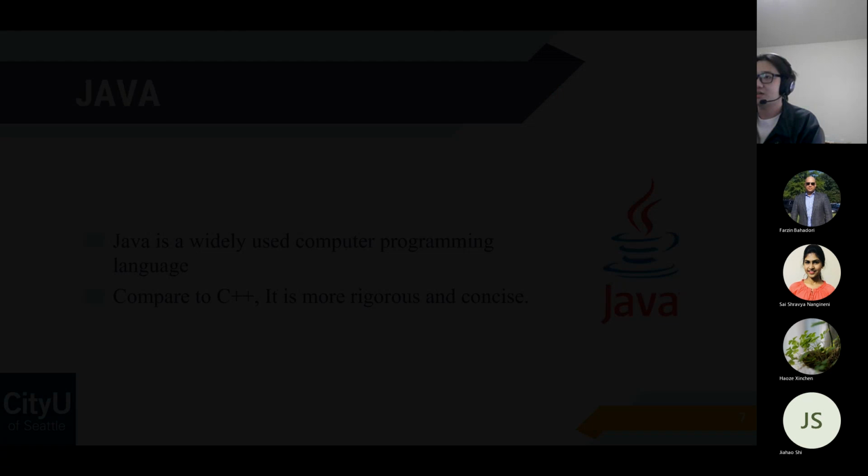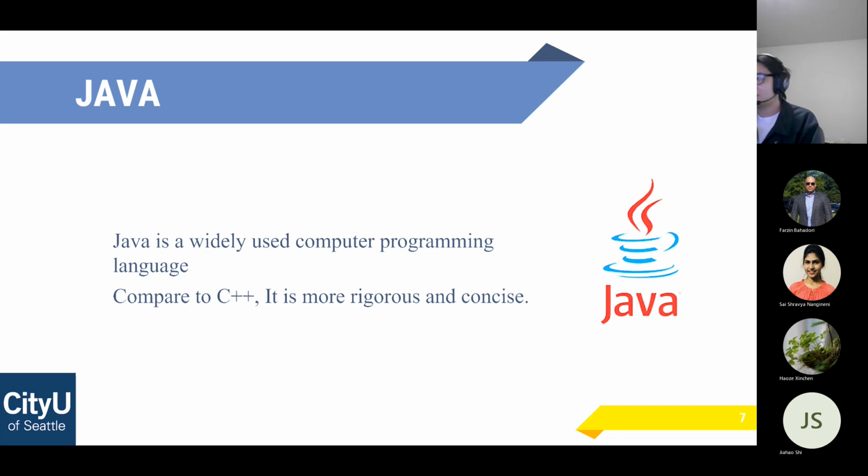Next is Java. Java is a pure object-oriented programming language. It inherits the core object-oriented technology of the C++ language, and compared to C++, it is more reliable and consistent.